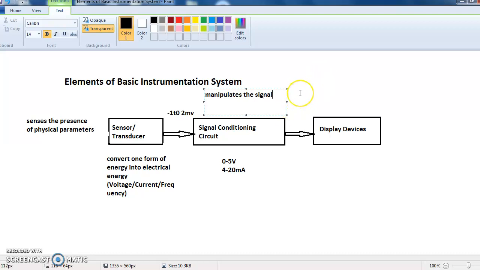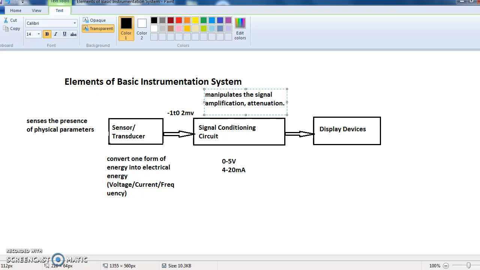Now, manipulation means what? This manipulation can be in the form of amplification. It can be in the form of attenuation, right?